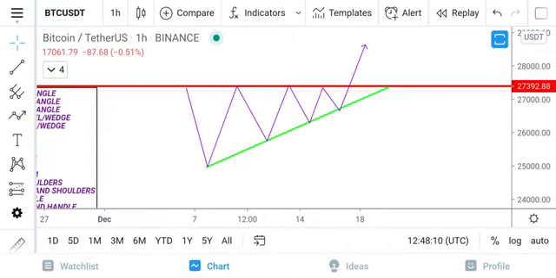We call it an ascending triangle because price is making higher lows towards a resistance. So that's an ascending triangle. You trade it with an uptrend.